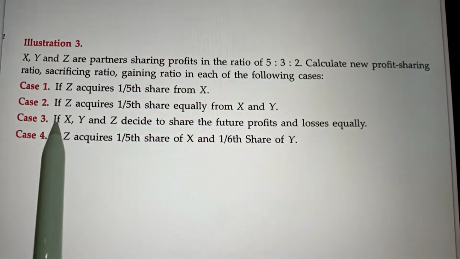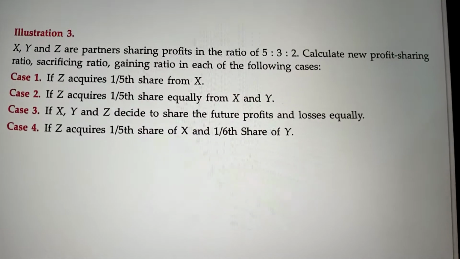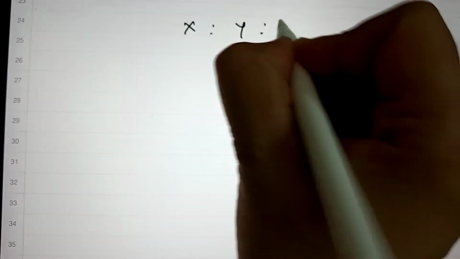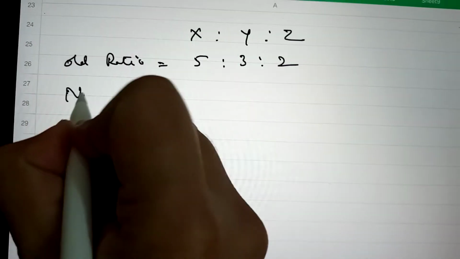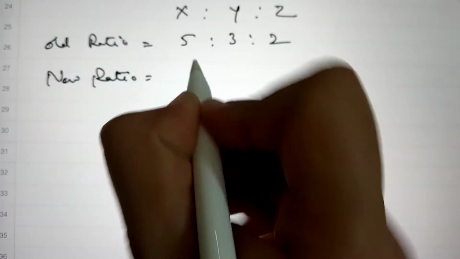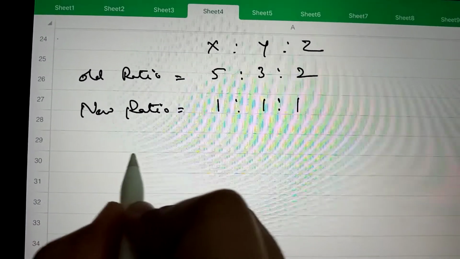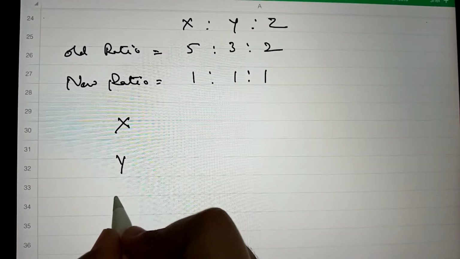In the third case, if X and Y decide to share the future profits and losses equally, so here the new profit sharing ratio of X, Y and Z is given. Old ratio of X, Y and Z is 5:3:2, and the new ratio they have decided is 1:1:1. So here the old and new ratio is given to us, and we have to calculate the sacrifice or gain of partners.